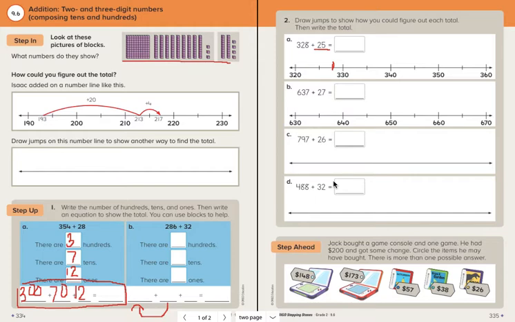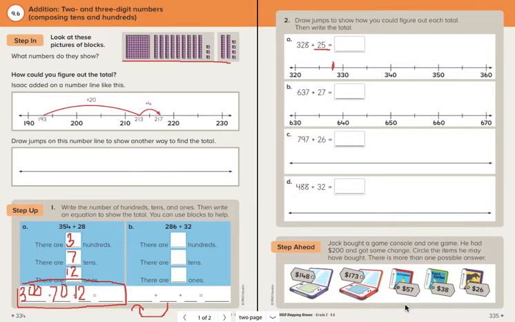Okay? So, if he had $200 to start, we know that. And we know he bought a game console and a game. What combination could he get to get some change back if he had $200 to start with?